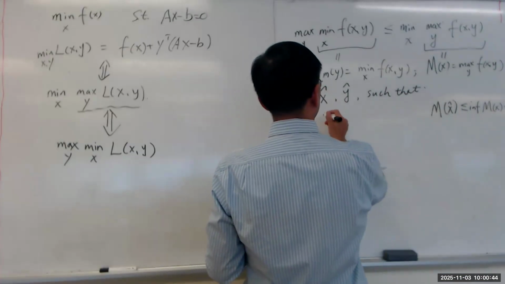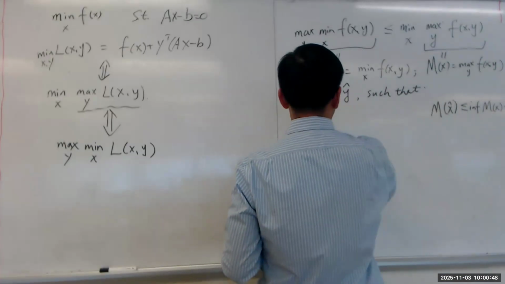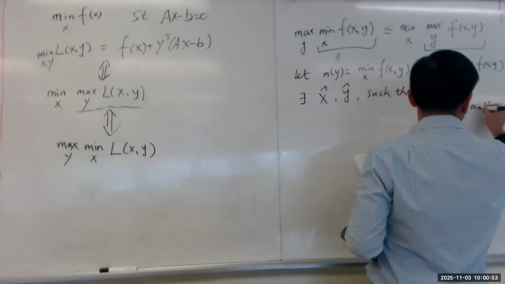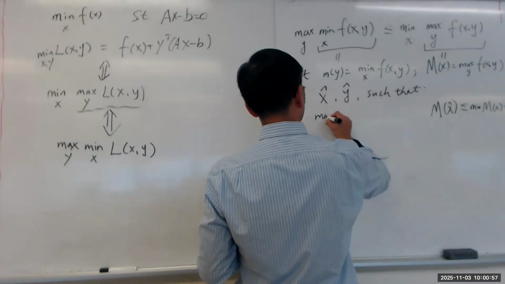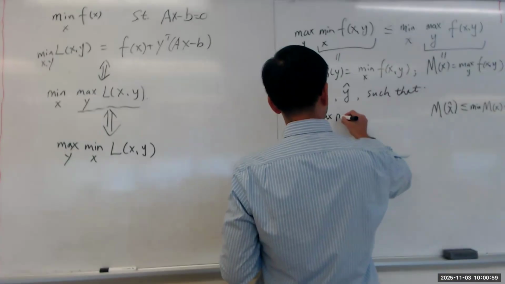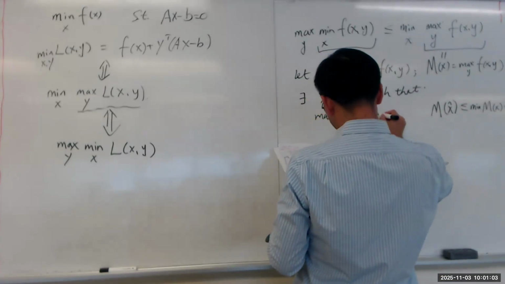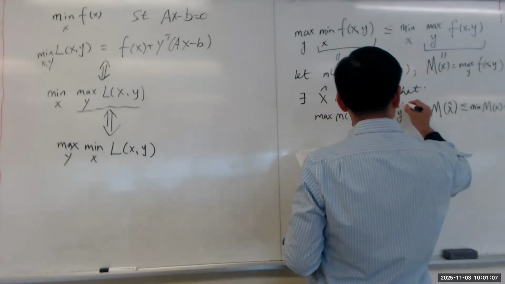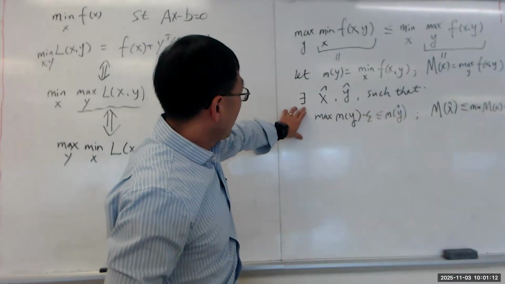On this side we can also say sup of the minimal. So here it's going to be the maximum of small m(y) minus epsilon, which should be less than or equal to m(y hat). So what does this mean?